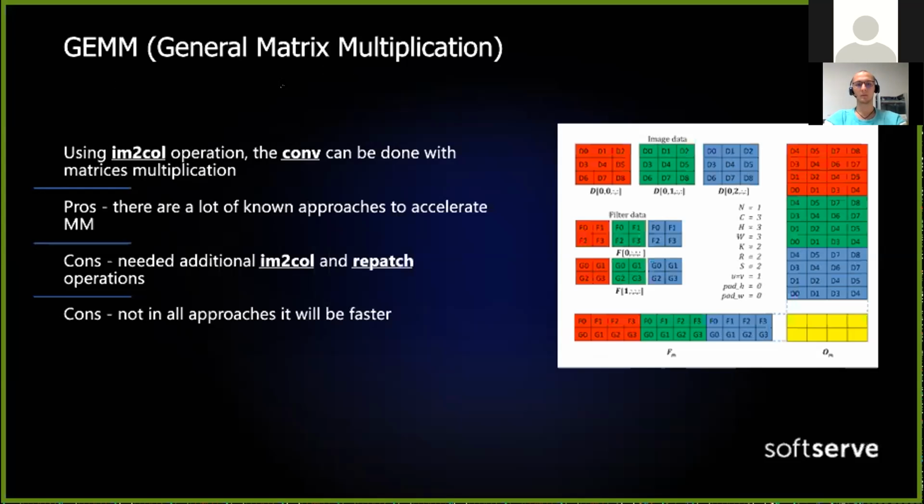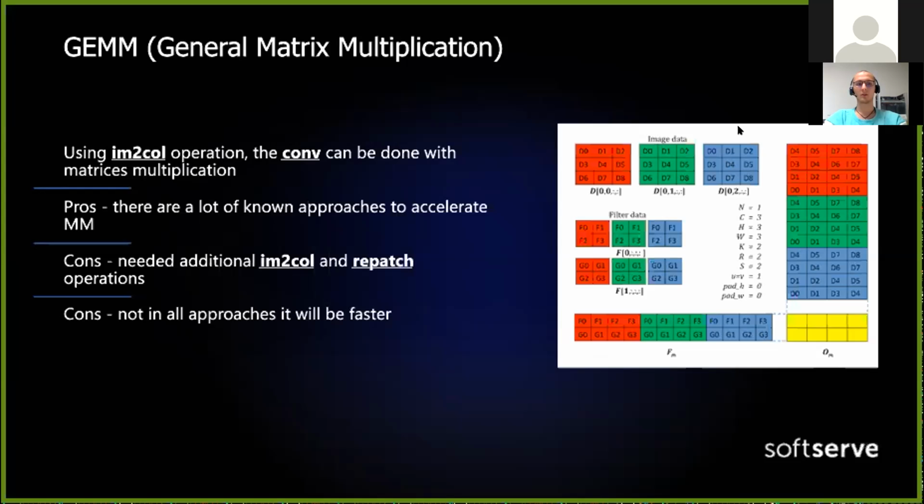We can reduce our input image matrices and kernels to matrices that can be multiplied, and use a repatch operation to repatch the output matrix, and we will get the result of our convolution.